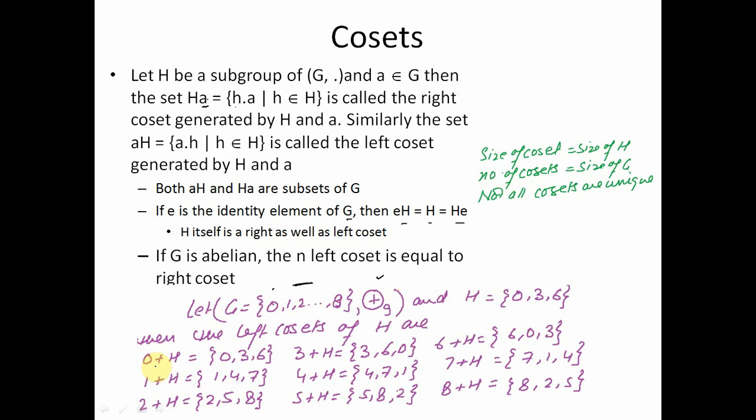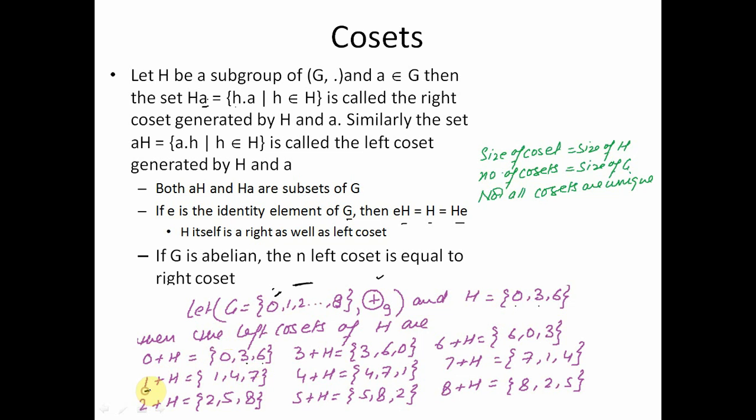The only difference will be if I am saying 0 plus H, the right coset will be H plus 0. So let's define the 9 cosets. 0 plus H: I am taking this element 0 and operating it on H. So I have the three elements 0 plus 0, 0 plus 3, 0 plus 6, which is the same as 0, 3, 6.